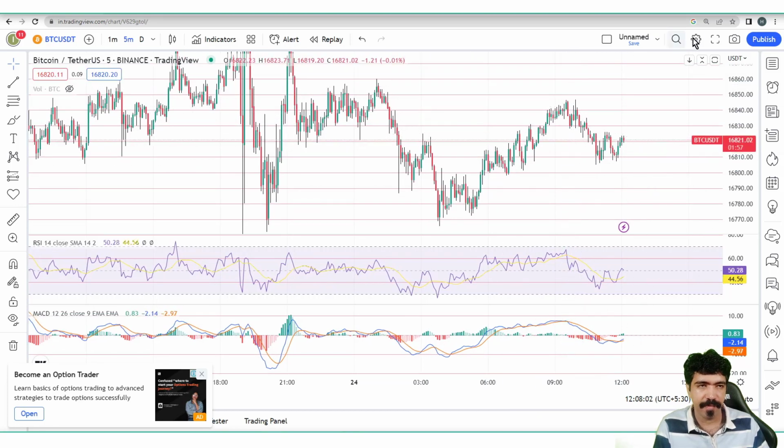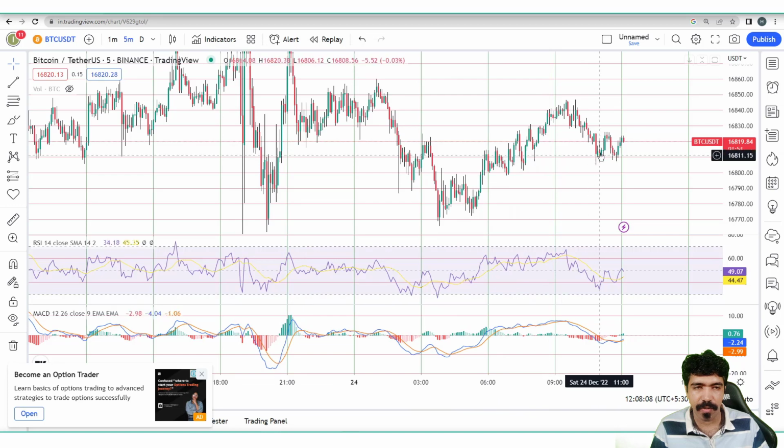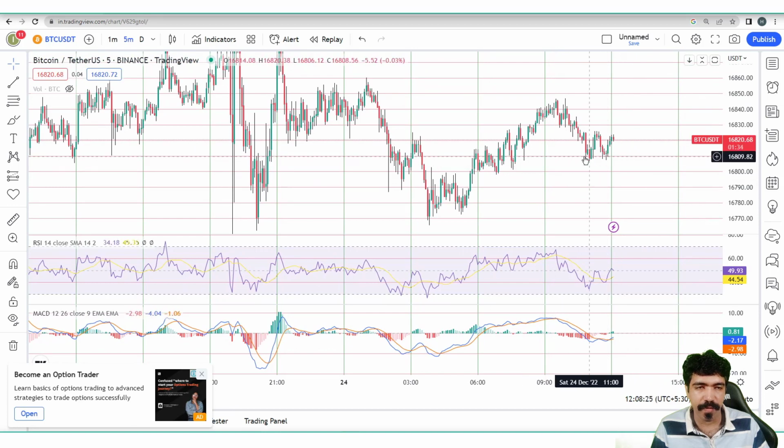And let's say in the same way we want to generate a vertical line, then you can select, let's say, green color, select the opacity and click on OK. So that's a vertical line has been generated. So this horizontal line shows the difference of price action and the vertical lines show the difference of timings. So for example, this line is of at 12 o'clock, this line is at 3 o'clock and likewise. So the difference between two vertical lines is of 3 hours and difference in this case of two horizontal line is of $10.